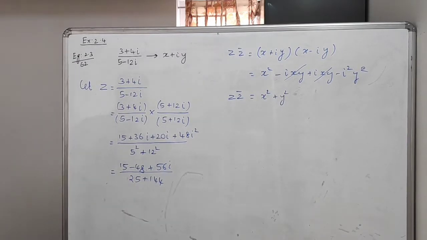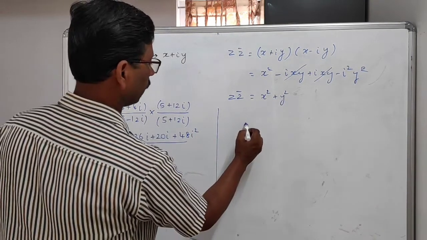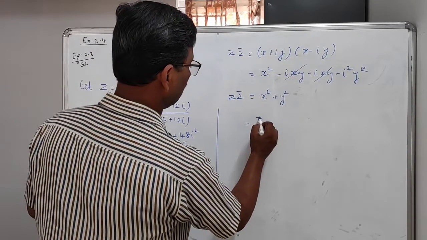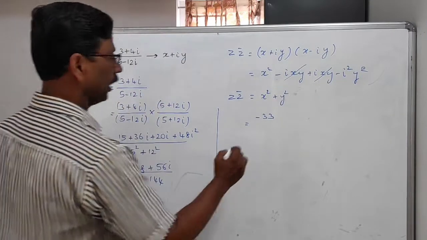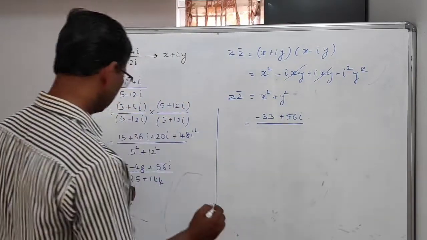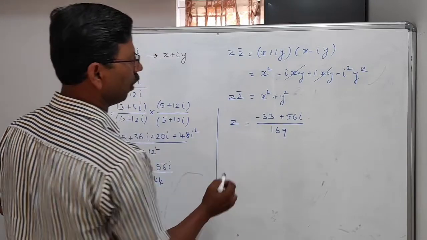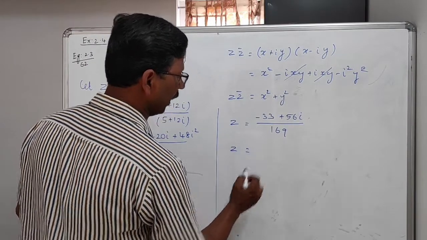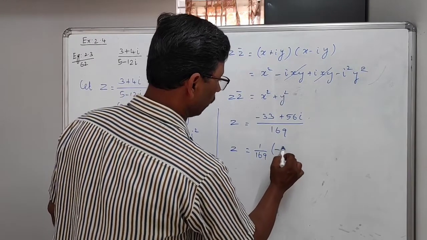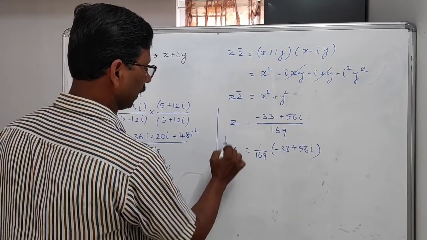Now after that, try to simplify. 15 minus 48 is equal to minus 33, then plus 56i by 169. Now this is in the standard form, or this can also be written as 1 by 169 into (minus 33 plus 56i). Likewise, we can write the result.